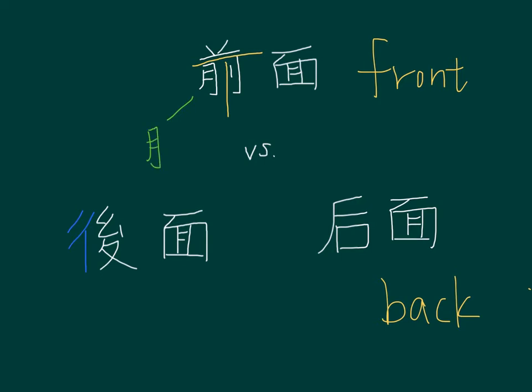And on the right side, this is a radical, actually. This radical means knife. And it looks like a knife. If you look at it very carefully, it looks like a pizza cutter, right?